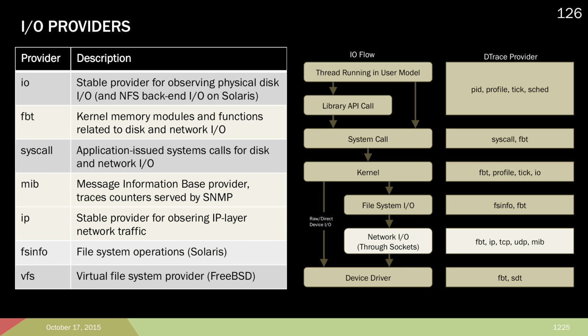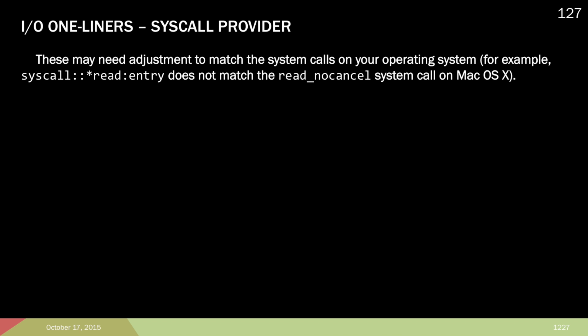For network I/O through sockets, use the FBT, ip, tcp, udp, and mib providers. And finally, for device drivers, use FBT and sdt. These may need adjustment to match the system calls on your operating system. For example, syscall::read:entry does not match the read_nocancel system call on macOS X.